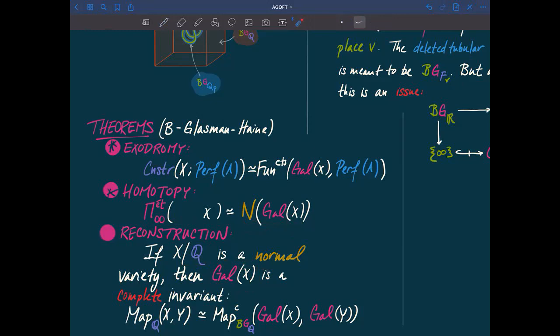So this operation of carrying X to Gal X is a fully faithful functor from normal varieties over Q to profinite categories over BGQ with certain kinds of constructible maps. So this is supposed to be indicating to us that this Galois category is very knowledgeable about your schemes. Gal of X knows a lot about your scheme. And in fact, in this case, it's even sufficient to reconstruct your scheme.